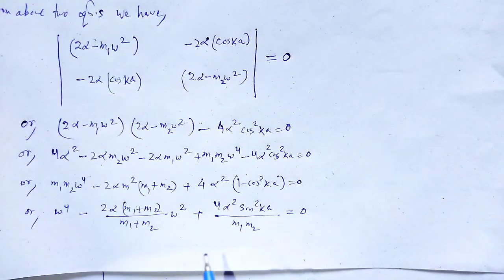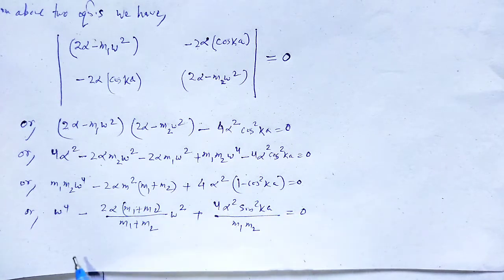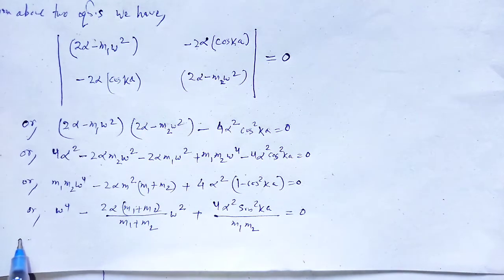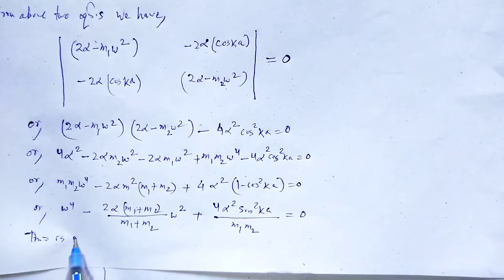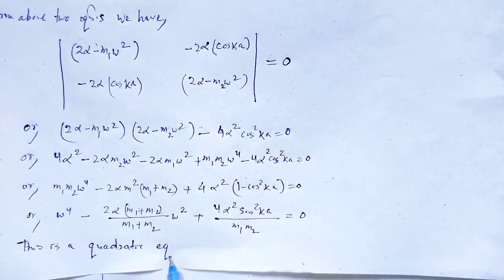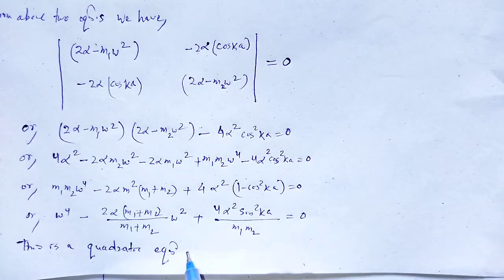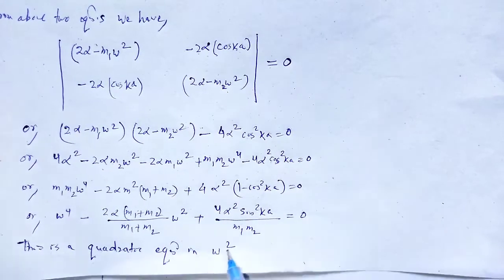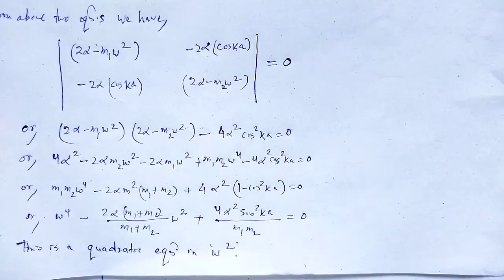Look at that equation: it is in the form of a x square minus b x plus c equal to 0. This is a quadratic equation in omega square.